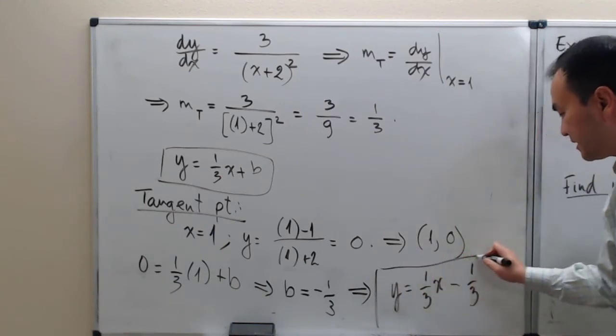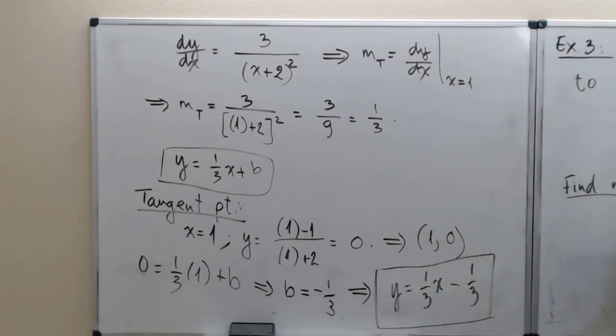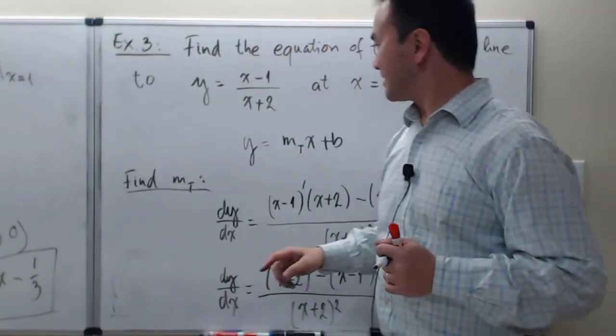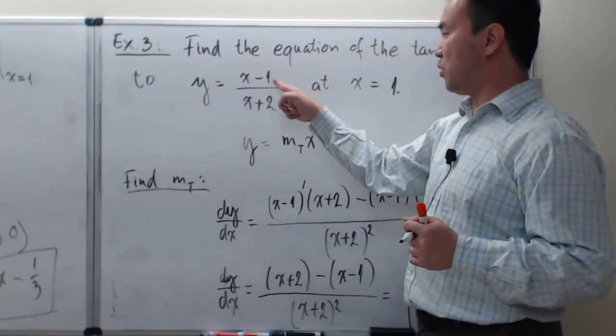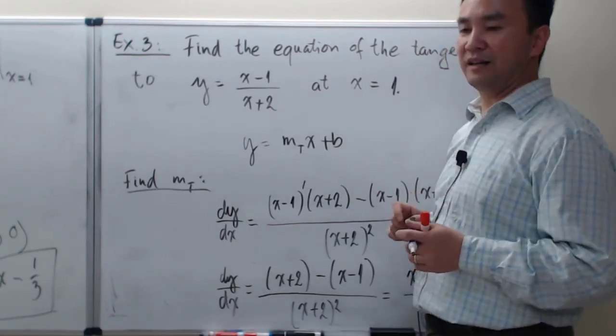And that is how we found another equation of the tangent line. And this tangent line here is tangent to the graph of x minus 1 over x plus 2 at the point x equals 1. Okay, so here's our function, x minus 1 all over x plus 2, and at that specific given point x equals 1.